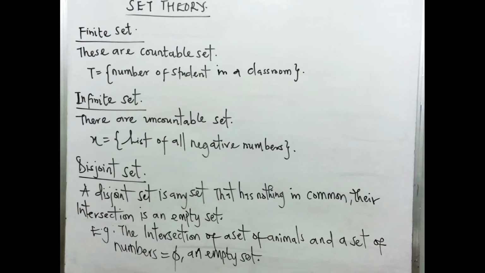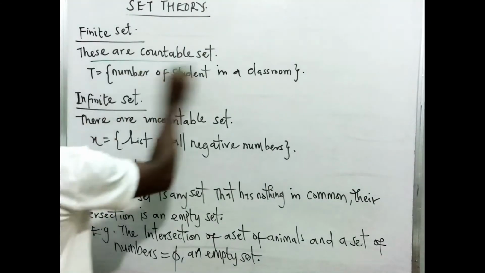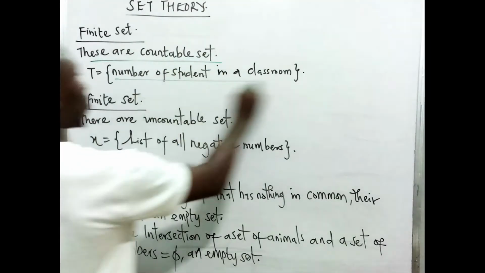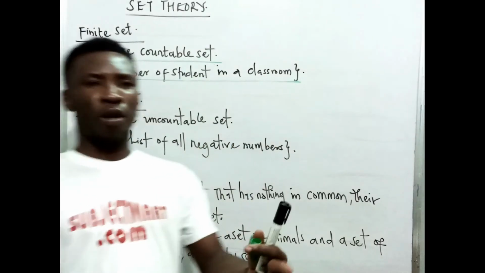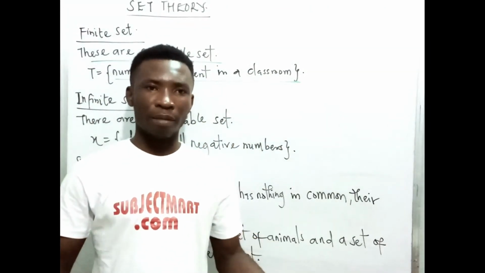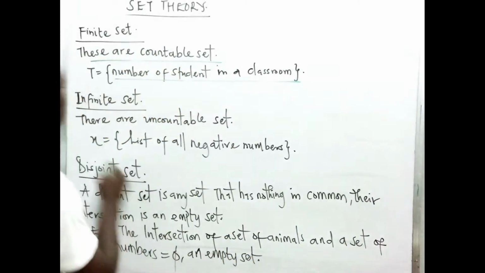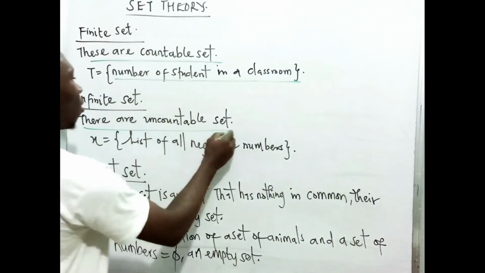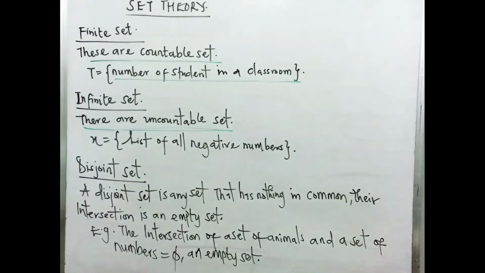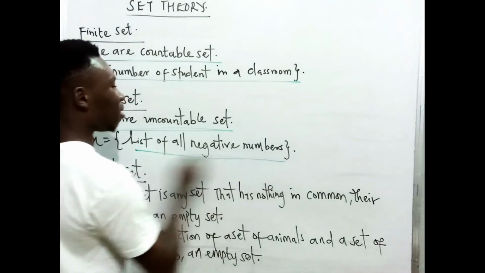Going further, finite set. Now, a finite set is any set that is countable. Example, the number of students in the classroom. The number of students in your classroom can be determined. Therefore, it is a finite set. Now, infinite sets are uncountable sets. For example, the list of all negative numbers.